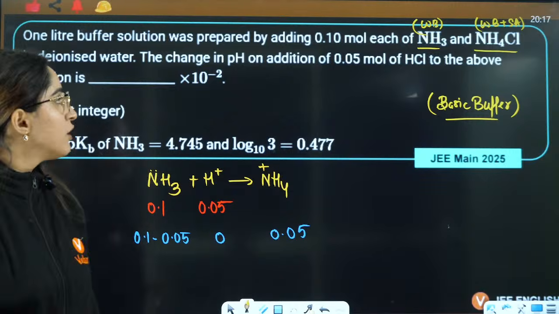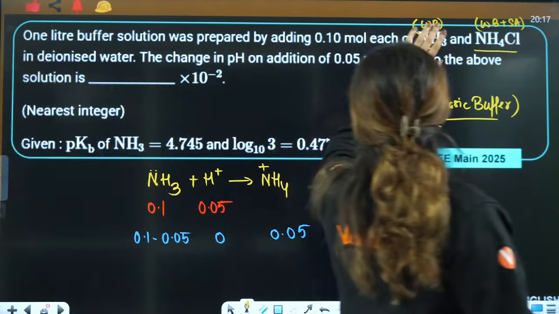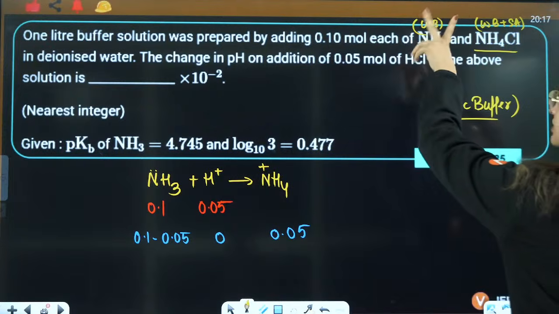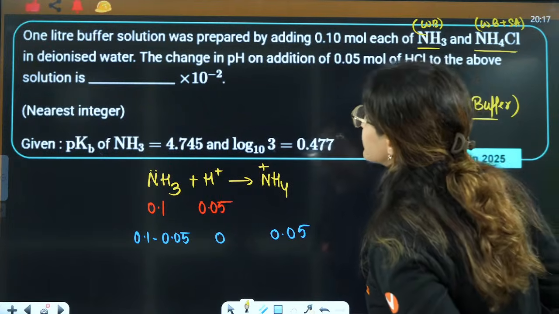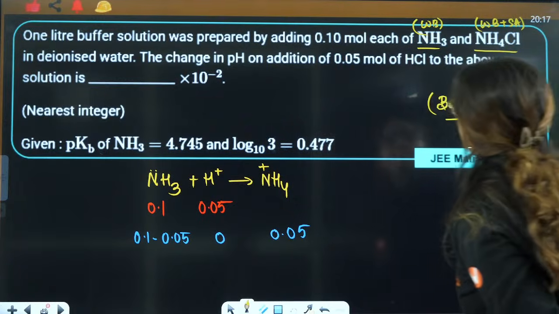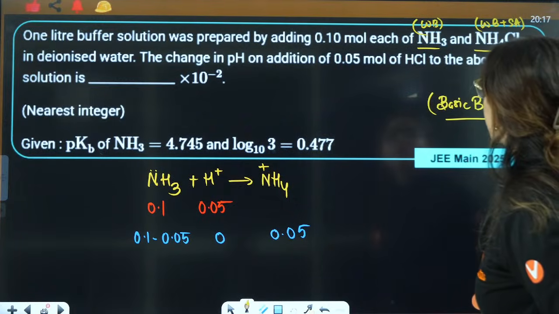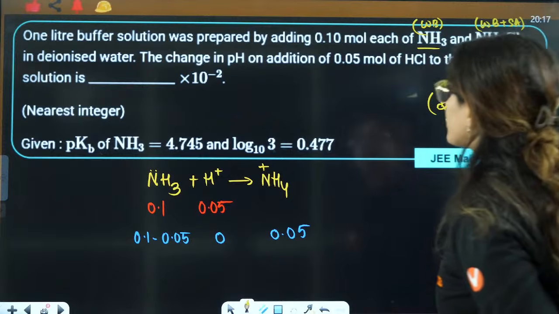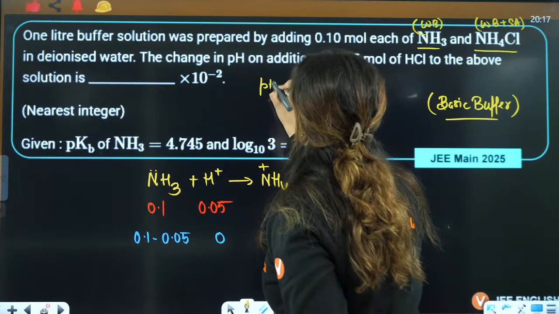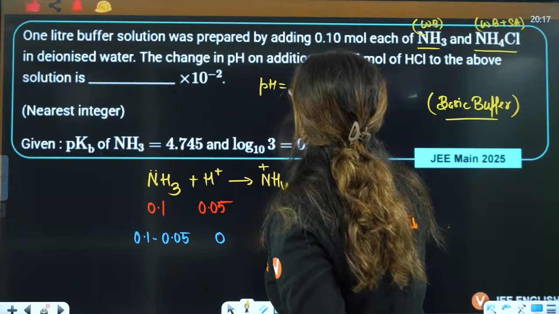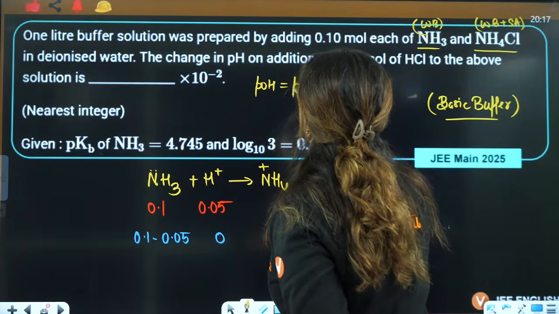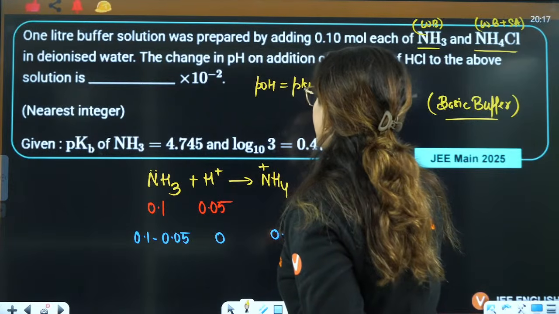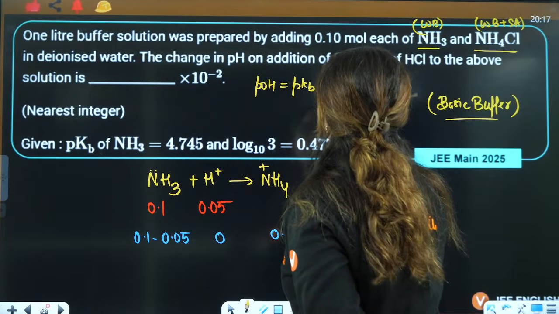Okay. Firstly, you have this concentration, you have 0.10 moles of NH3, and this is there. See, if the concentrations of weak base and salt in this are the same, then we know that pH equals pK. Do you remember? But here we have a basic buffer, so pOH is equal to pKb. pKb is given to you, that is 4.745.